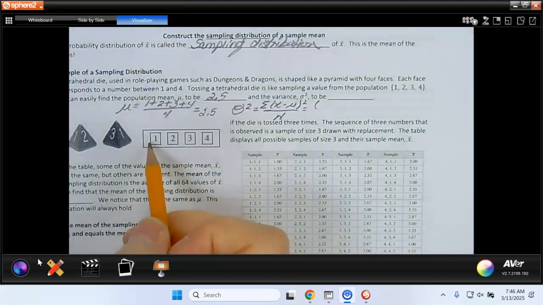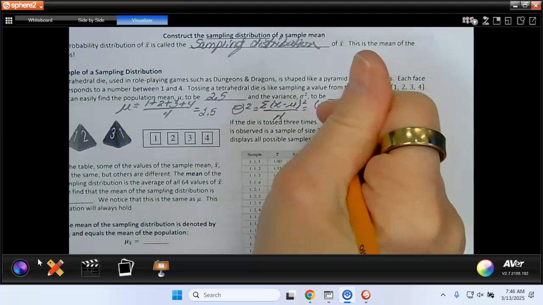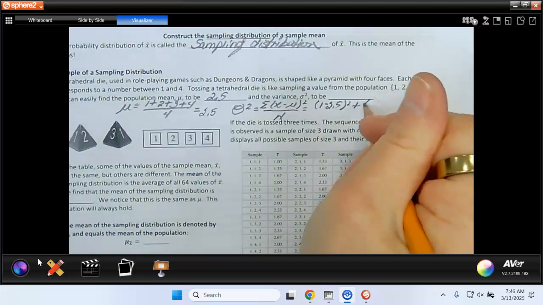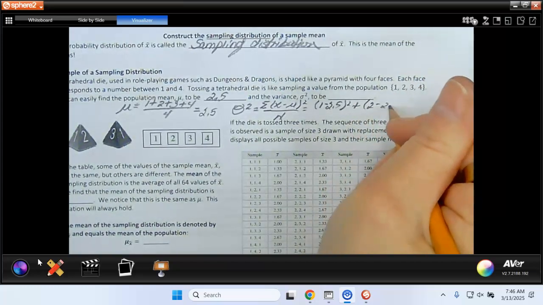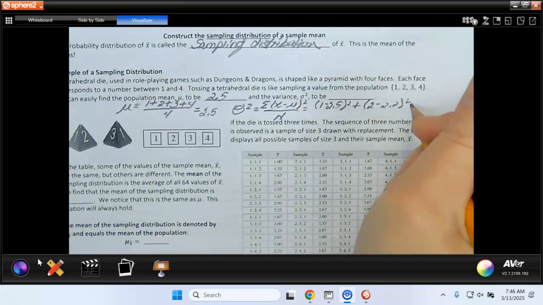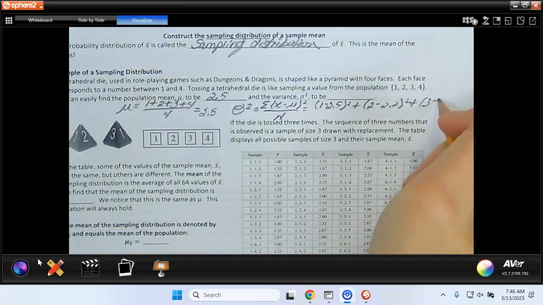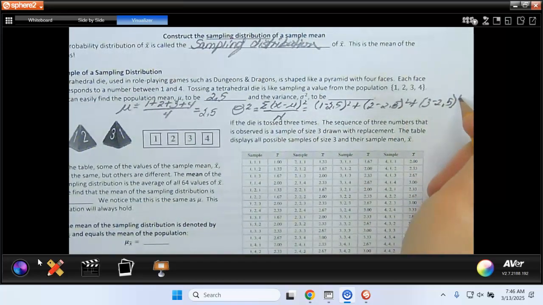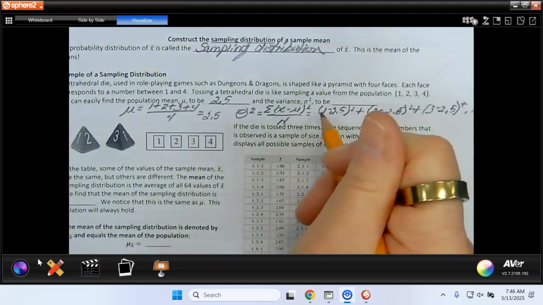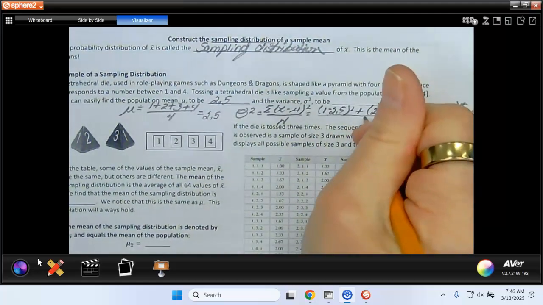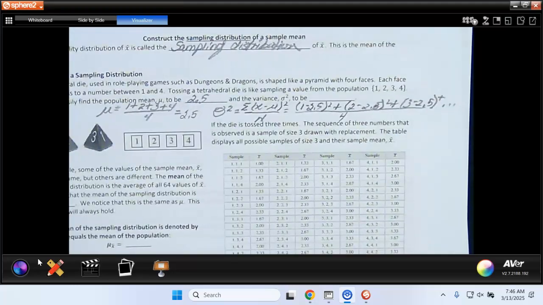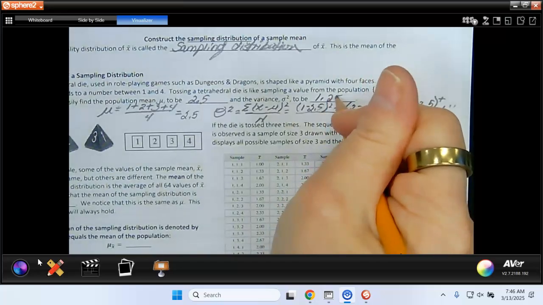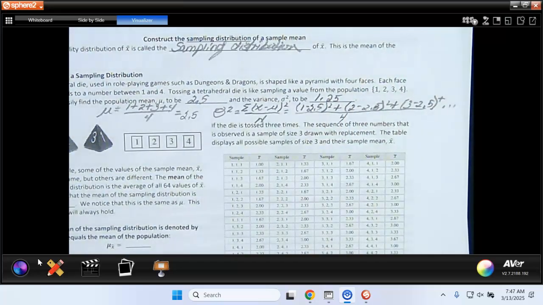The first number in the sample is 1, so 1 minus the mean, which is 2.5, the quantity squared, plus 2 minus 2.5, the quantity squared, plus 3 minus 2.5, plus dot, dot, dot, all over 4. If you work that out, you will get 1.25.